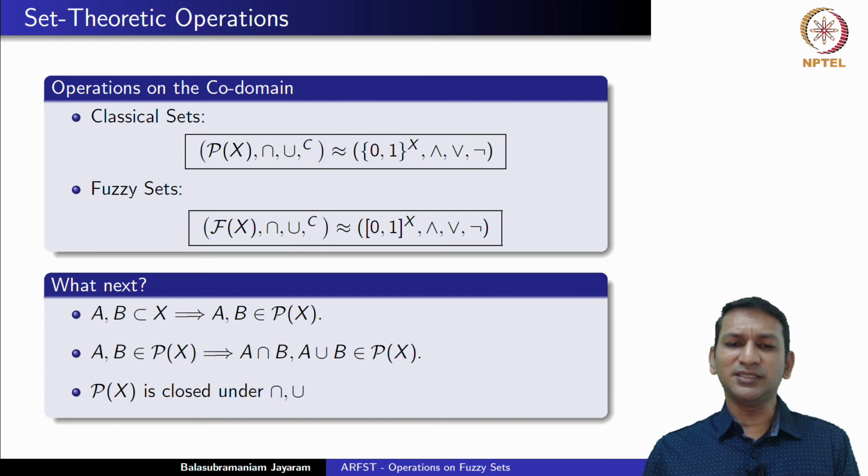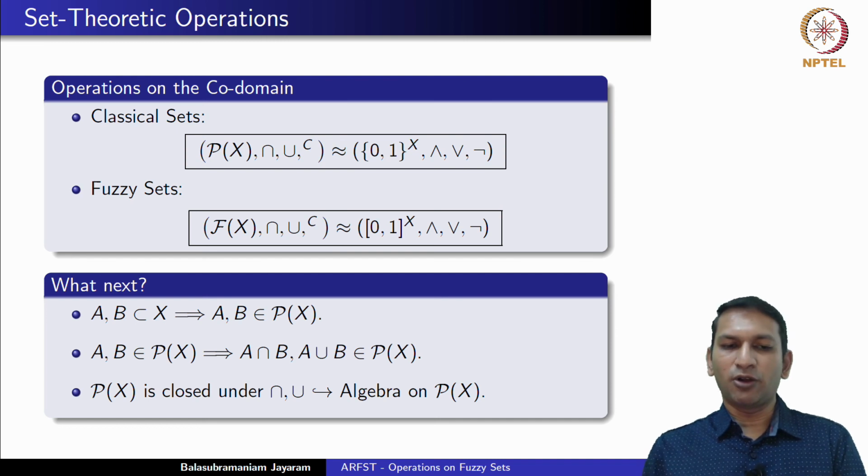What this tells us is that we could now look at this entire study of operations on P(X) with respect to conjunction and disjunction as a set with a binary operation which is closed on the set. And this gives us motivation to look at some algebraic structures on P(X).